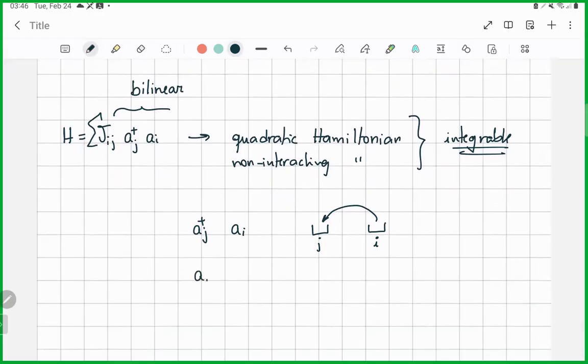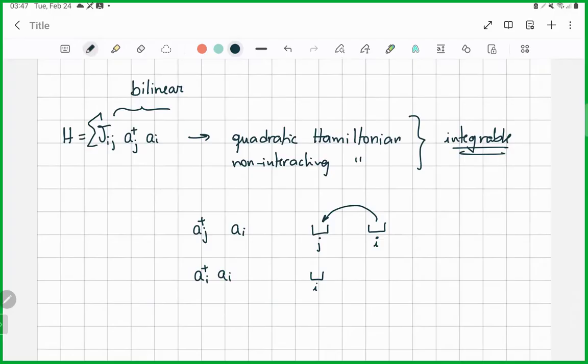If I have this other term on the same site, this is just giving me the occupation or giving me the energy for site i. Again, it has no information about the fermions around, about the particles around. Okay, so these are Hamiltonians that involve only these bilinear terms.